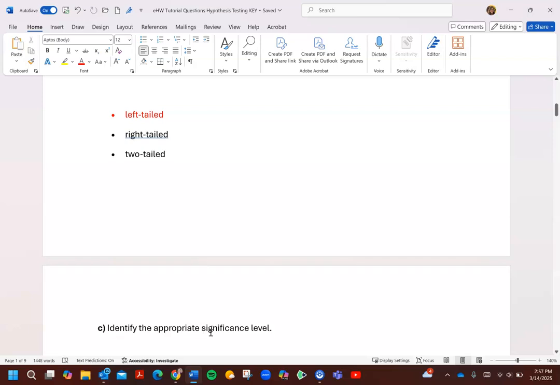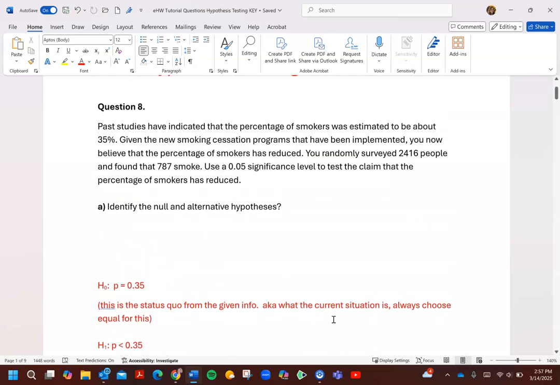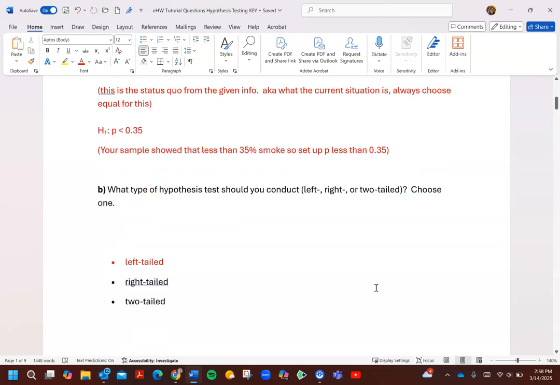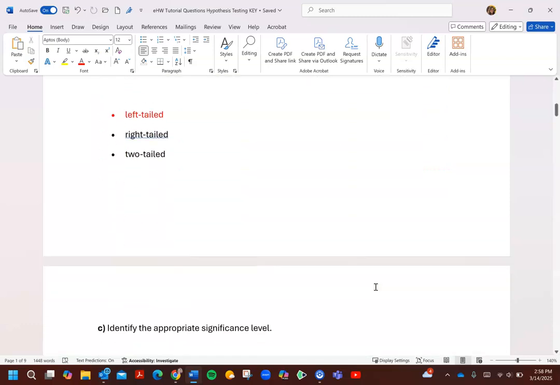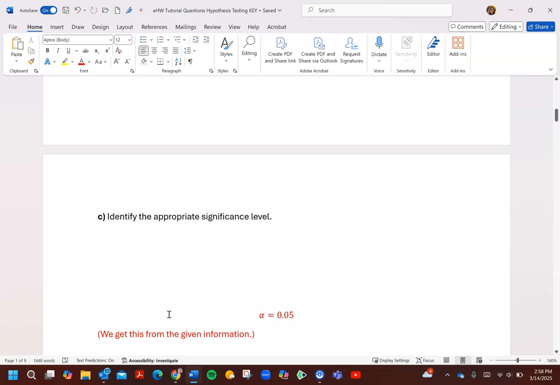The next part is identify the appropriate significance level, and that is given in the problem. If we look back up here, we can see that it's 0.05, or if we move two places right, we could think of it as 5%. And we refer to that as alpha. So alpha equals 0.05.